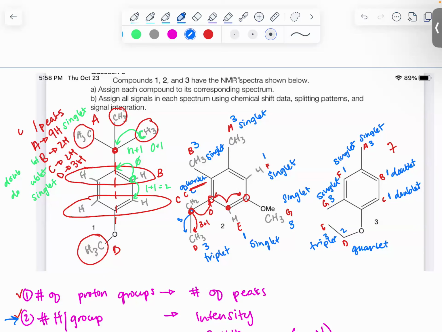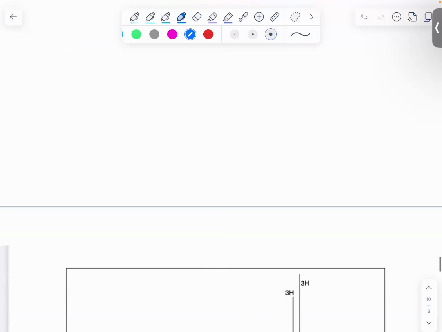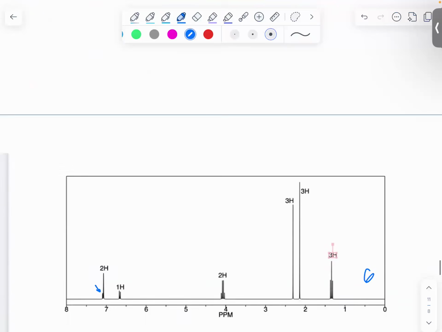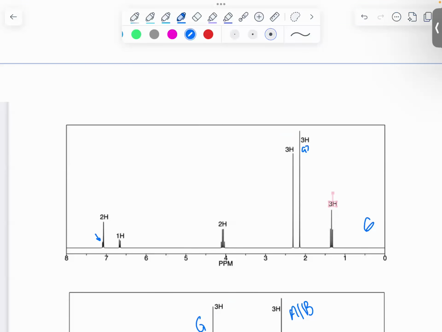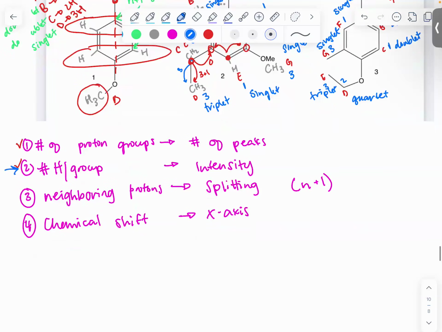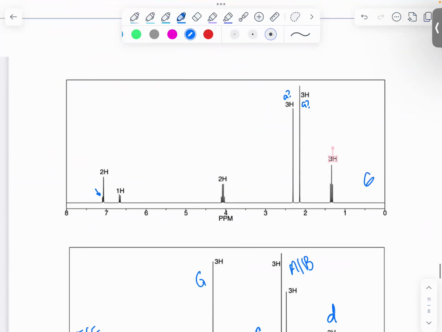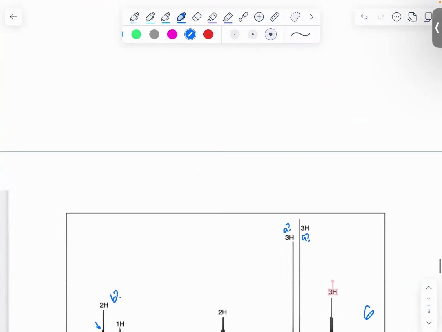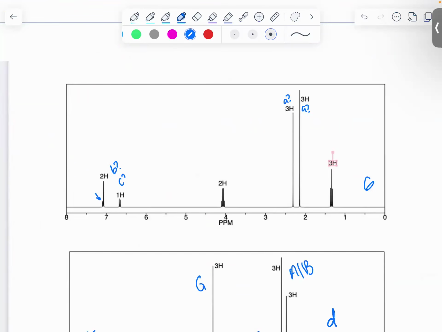So now we can use this information to label our NMR. For A, we're expecting a 3H singlet. We've got 2 options for that right now. For B, we're expecting a doublet. For C, we're also expecting a doublet.